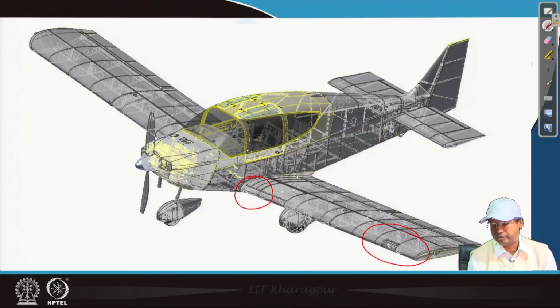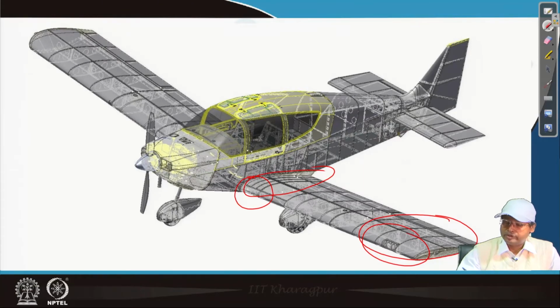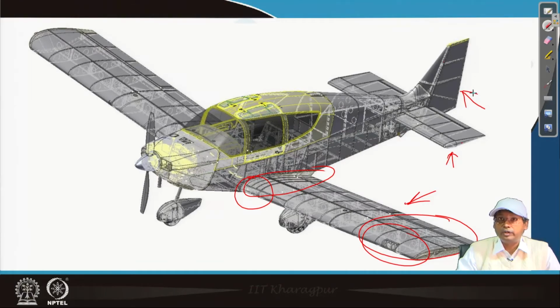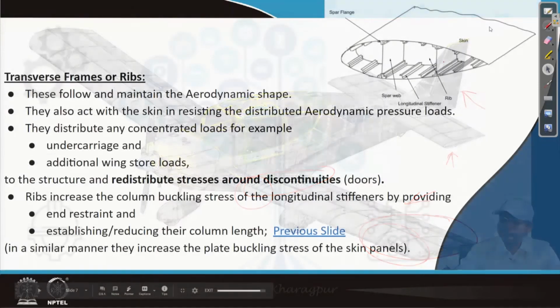The interval between consecutive ribs is less at the tip section, whereas in the root section it is more. You can also notice that the basic construction details of the wing, horizontal tail plane and vertical tail plane are similar. Only size and other loads govern the design. Okay.